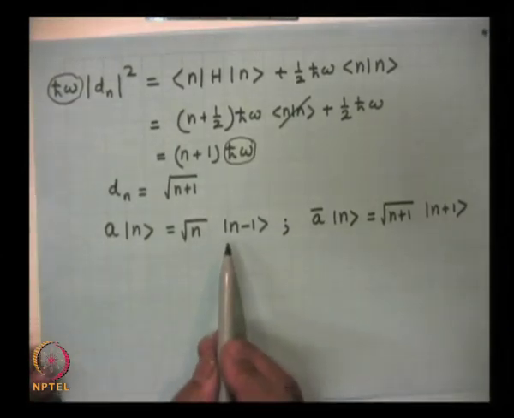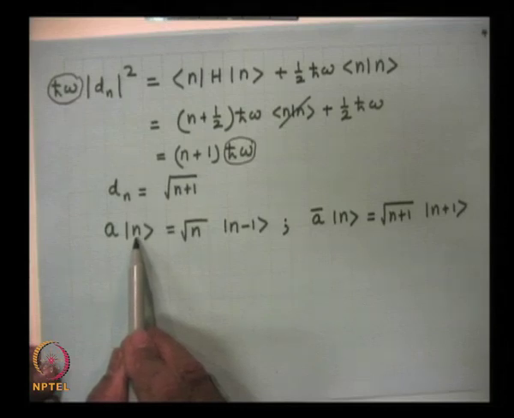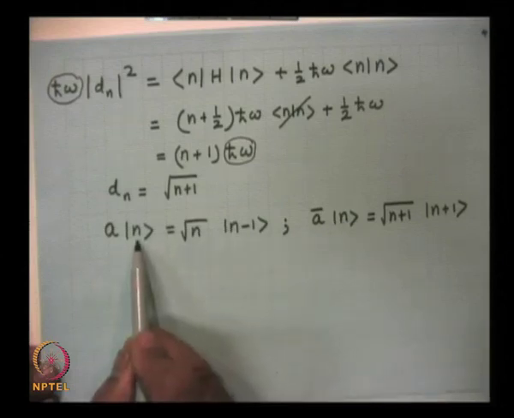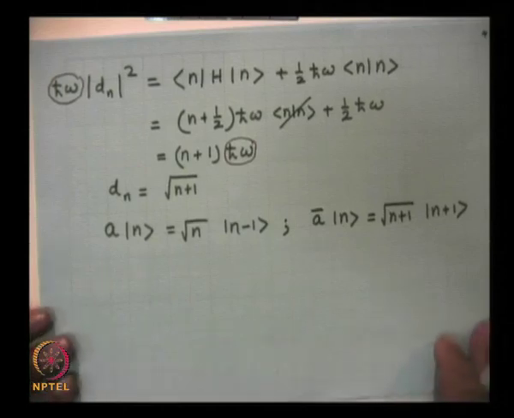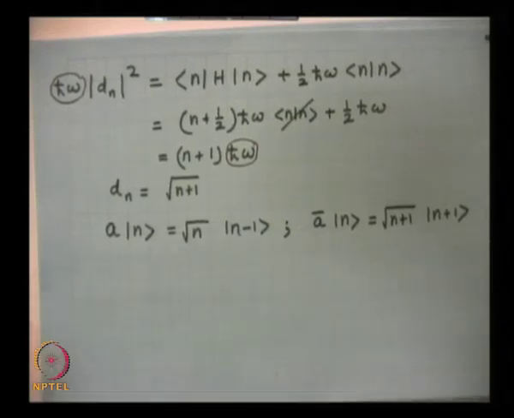Since the operator a bar raises the value of n by one, and here a lowers the value of n, these are known as ladder operators, or creation and destruction operators.